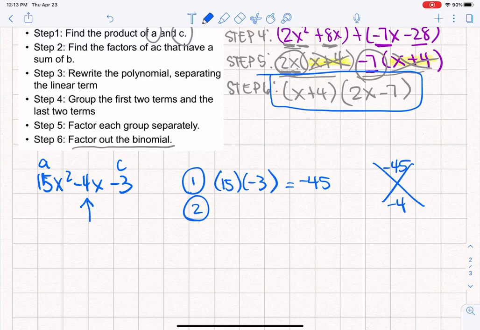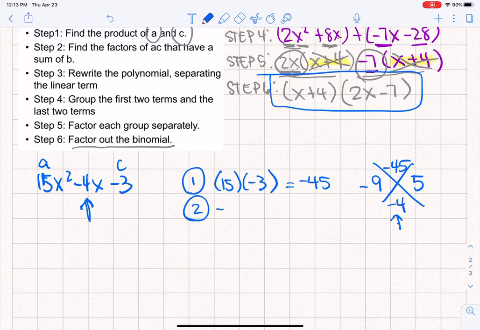Well, I know 9 times 5 is 45, and if I do it this way, that's how I get a negative. So when I add negative 9 plus 5, you could do it on a calculator, that'll give me negative 4.